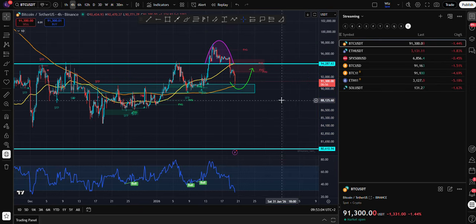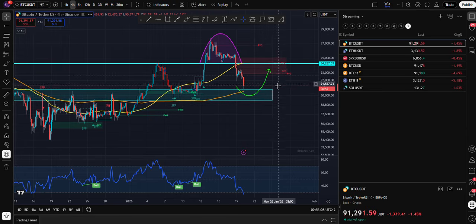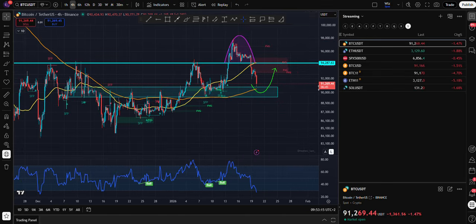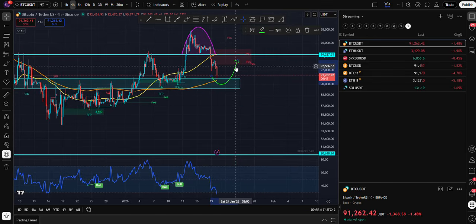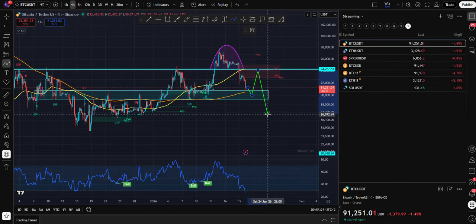But until that happens, I'm looking for a scalp long here, aiming for 93, 94, and then I start shorting again. If I had to draw how that would play out, it would be something like this: rejection.